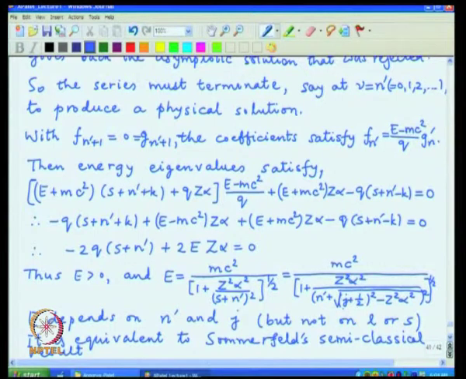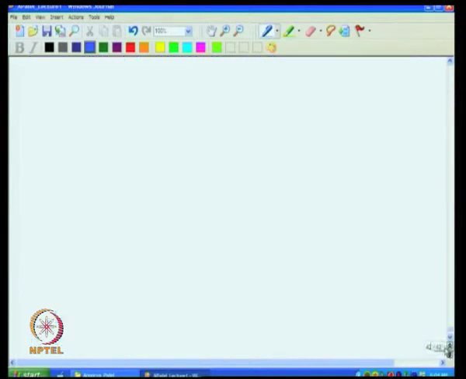In particular, J plus half is an integer. So, this is an explicit form. We can compare it now with various forms which we know.